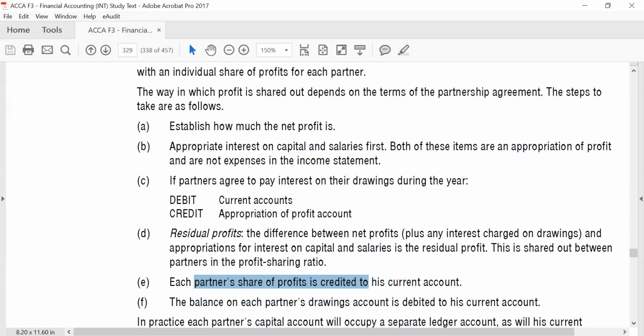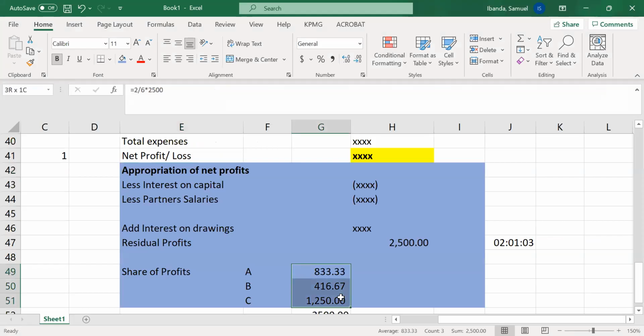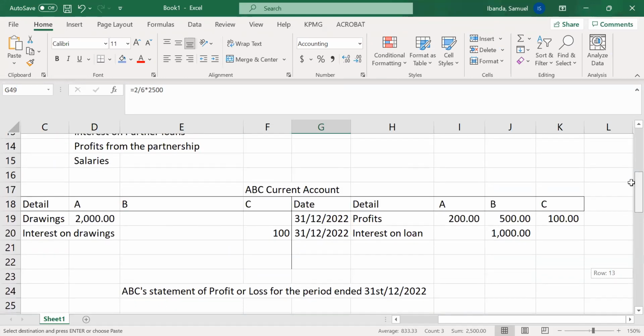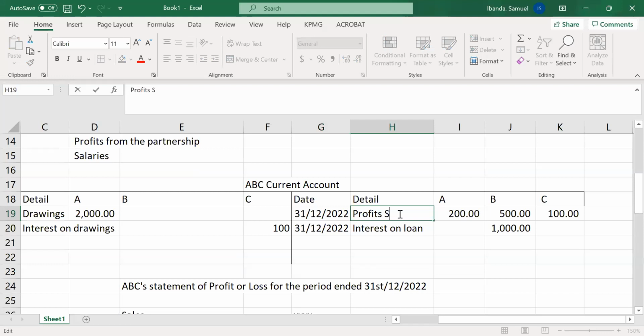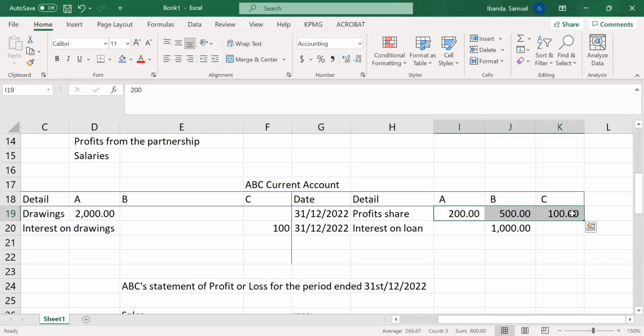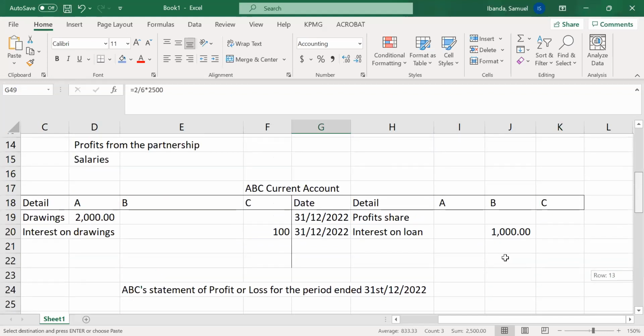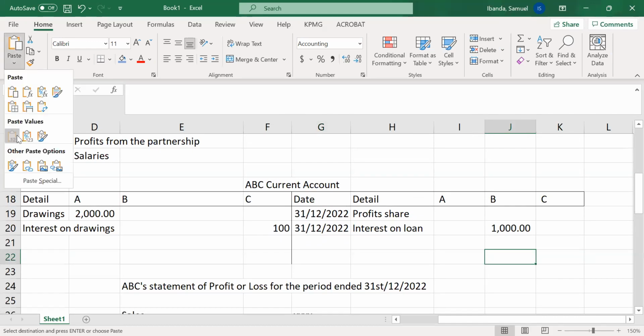Now, after you have gotten this share of profits, these are the amounts that you now transfer to the current account. So we saw that the current account has the profit share. We just transfer these values as we have gotten them. You bring them here. I'll first put them here.